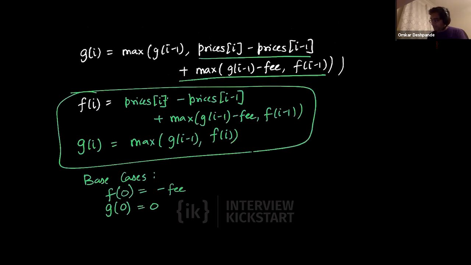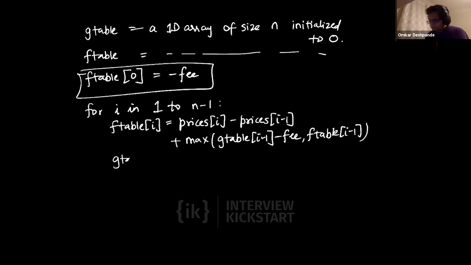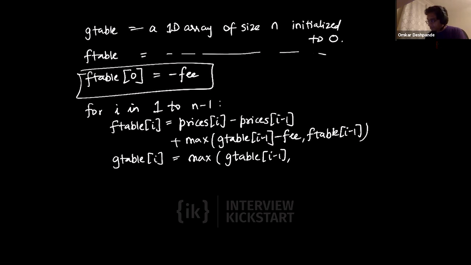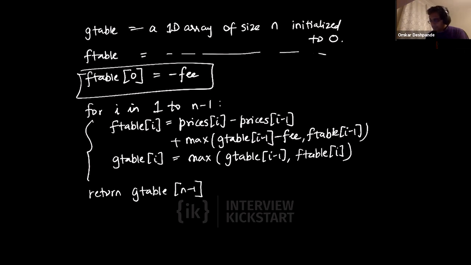That's f of I. G of I would be, as usual, the max of g of I minus 1 and f of I, the new f of I which has been calculated. Finally, we return g table of n minus 1. The body of the for loop runs in constant time, so the overall time complexity is order n.